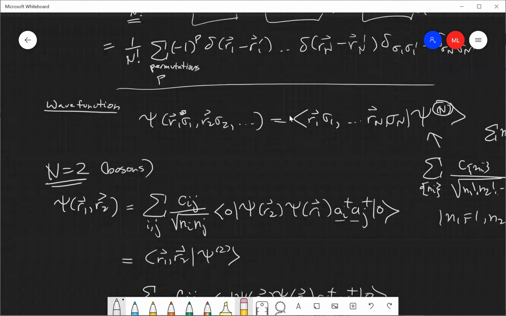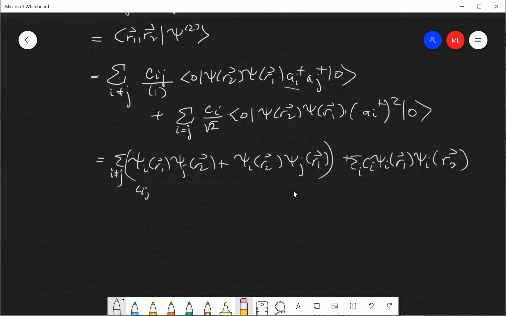And I'm skipping a little bit. The way you would do this is the same way as before, where to calculate these expectation values, these are annihilation operators, right? And these are creation operators. So you'd want to move these annihilation operators past these guys and hit the vacuum, at which point things will vanish. And that's what gives you this symmetric combination. Once you do that, you'll just get the wave functions. Why?